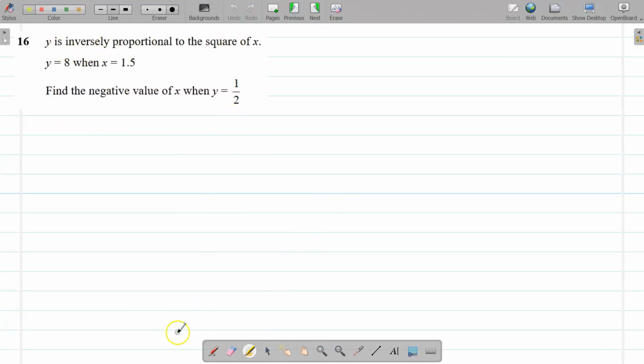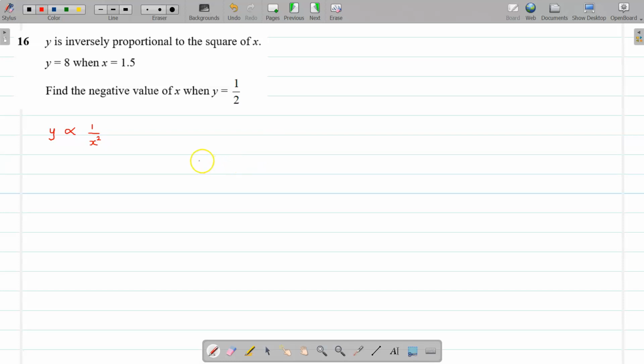Y is inversely proportional to the square of x. So I start by writing a statement of proportionality. Y is proportional to 1 over x squared. That's the first thing.